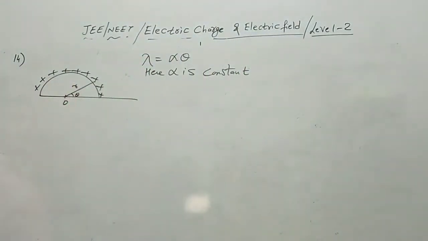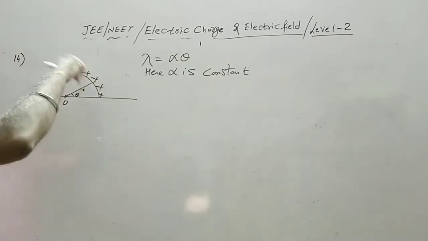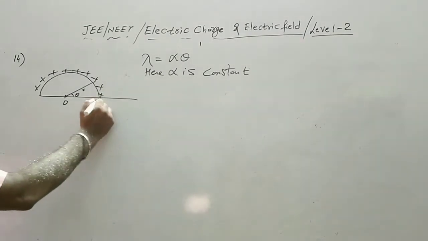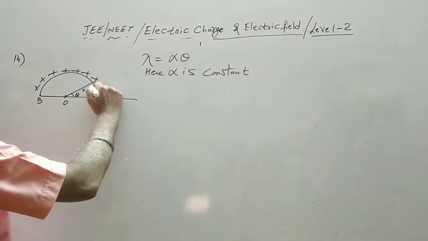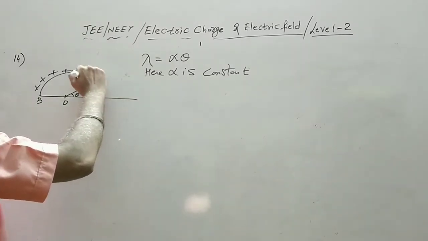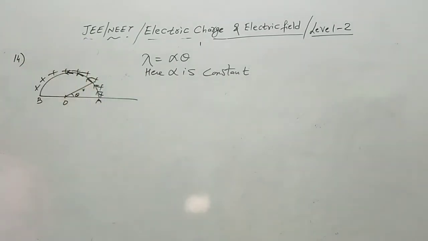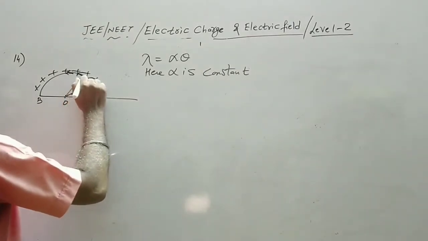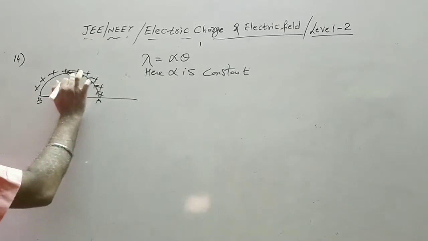So the first step is, I will divide this entire semicircle or arc into small elements. So this is one element dl, another element dl, another element dl. Now I take any one element, joining its tail and head with the center.